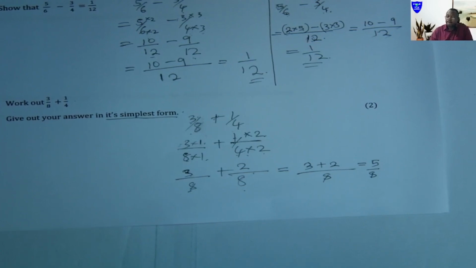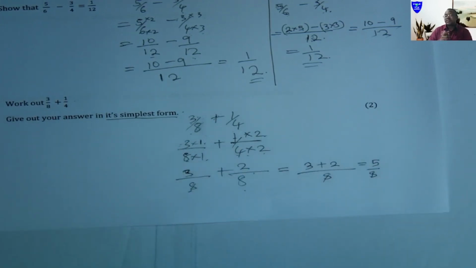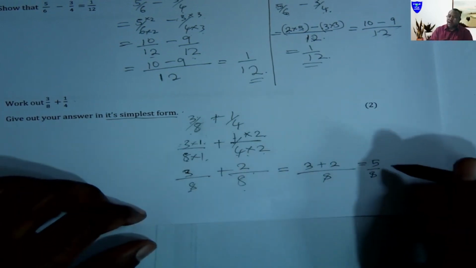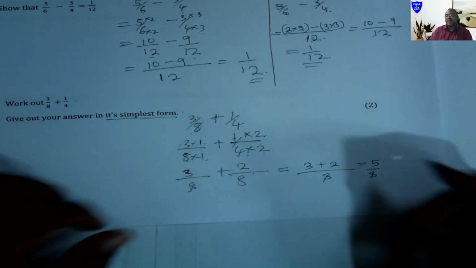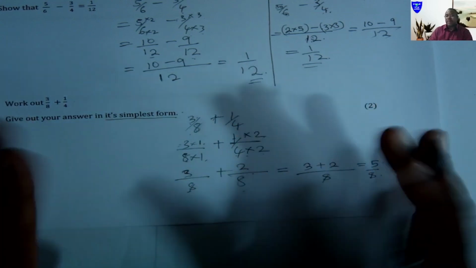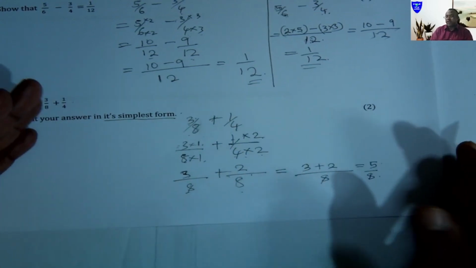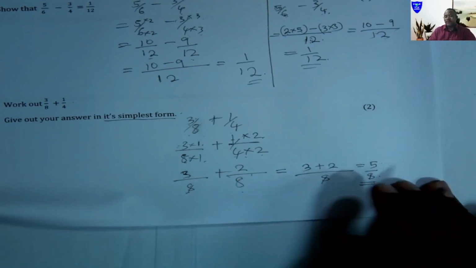Okay. Now, the way the fraction is there, 5 out of 8, you cannot simplify it any further than that, because you cannot find a number that will divide both 5 and 8 exactly without leaving a remainder. There isn't any. There isn't any whole number or any factor that you can use. So therefore the answer in this case is simply 5/8.